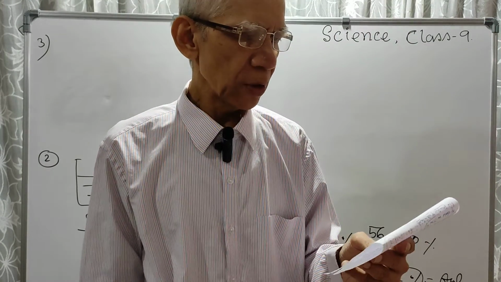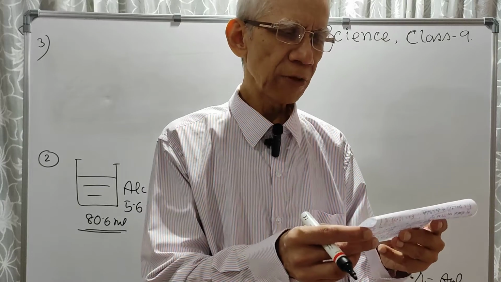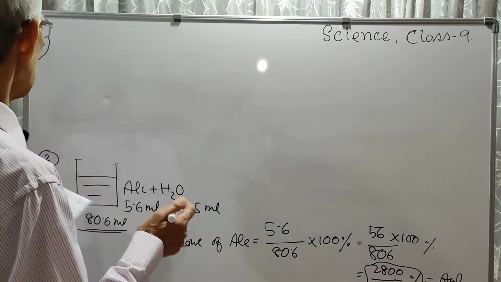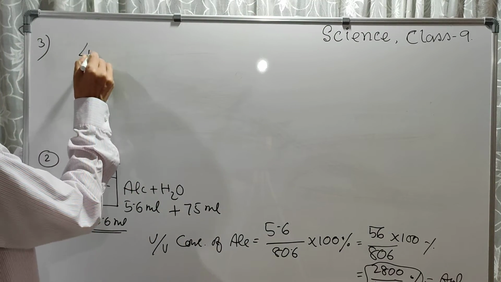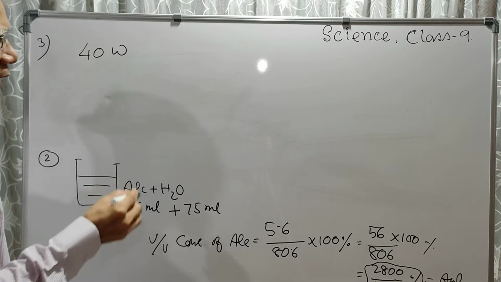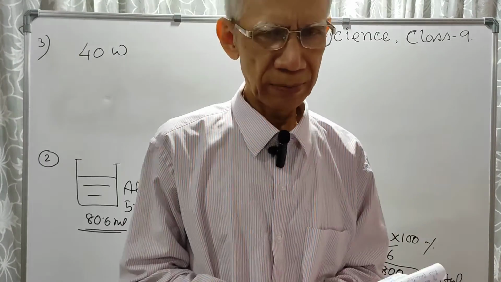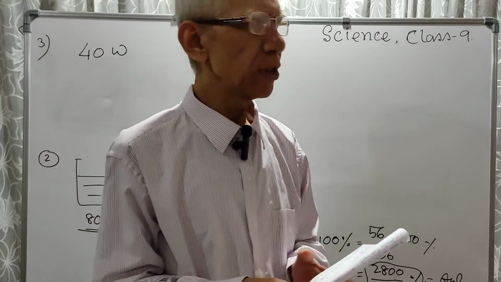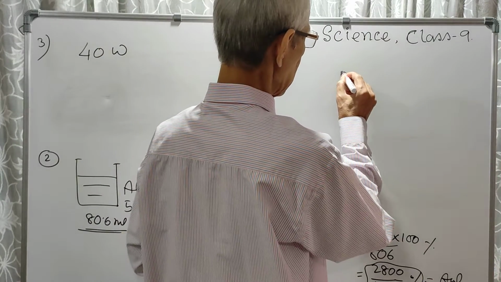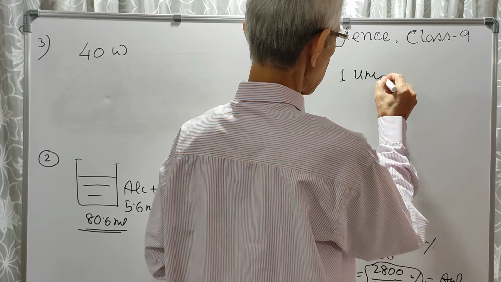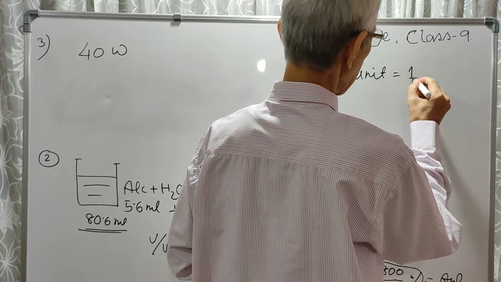Okay. So there are two bulbs of 40 watt each. Now the watt must be converted to kilowatt because the unit is what? 1 unit means 1 kilowatt hour.